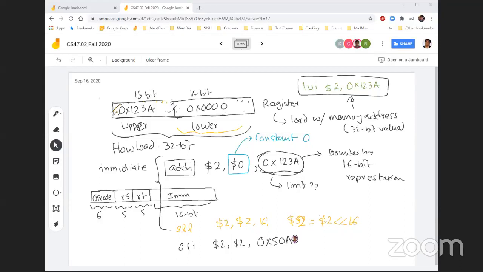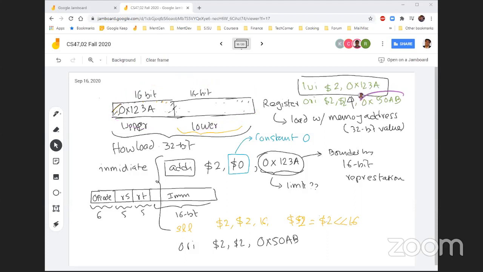If you do ORI $2, 50AB, it will basically perform an OR operation between this 32-bit value and this 16-bit value, zero extended.